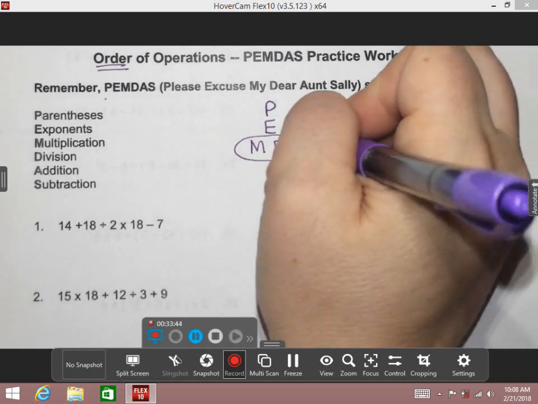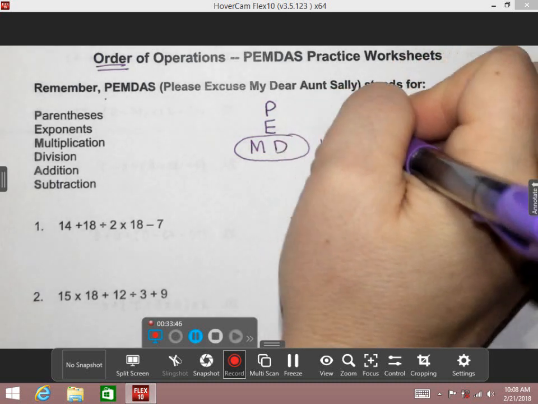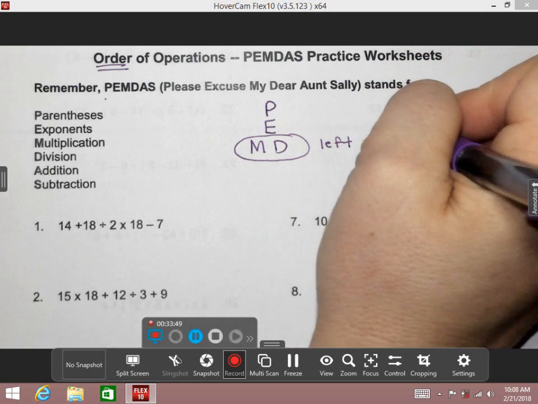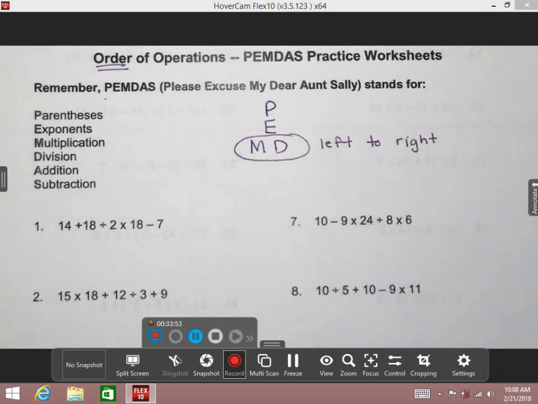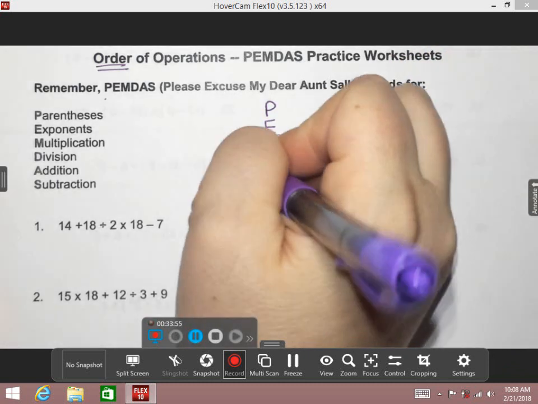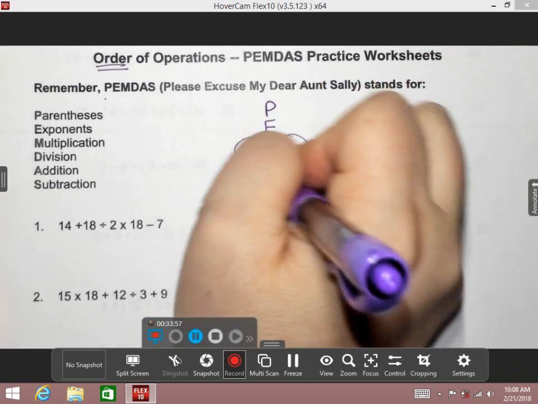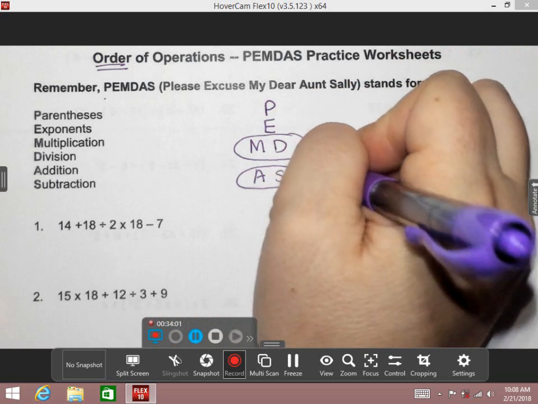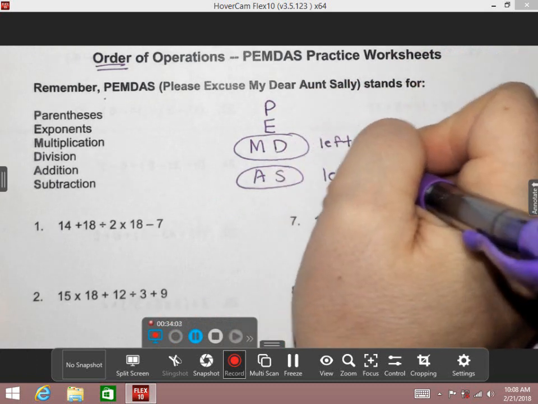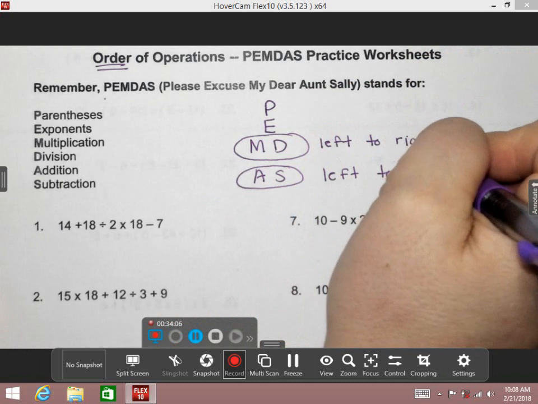Yes, you do this from left to right. You don't just do multiplication first and then division. You do them from left to right, whichever one comes first in the problem. And it's the same thing with addition and subtraction. Once you get all of that gone, when you do addition and subtraction, it is also from left to right.